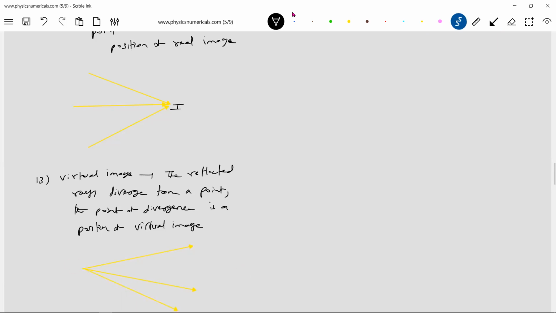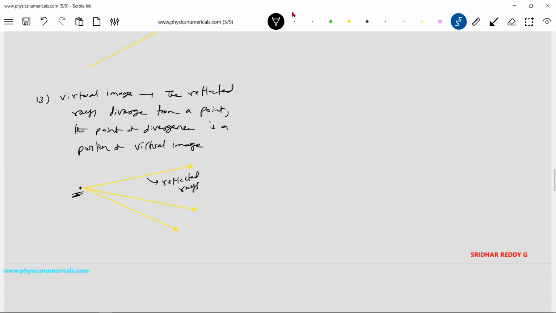This black dot that I'm putting will be the virtual image here. These are the reflected rays. Got it?